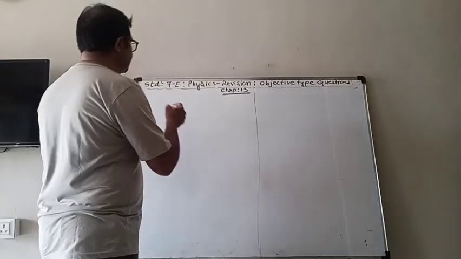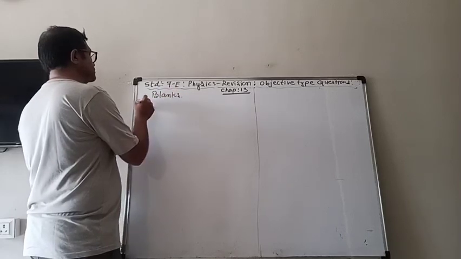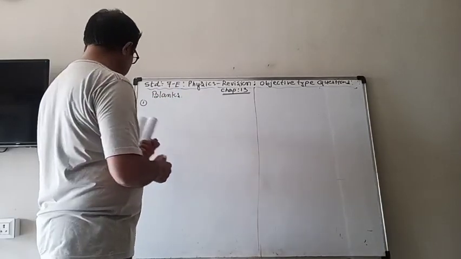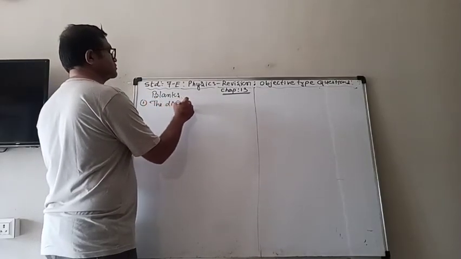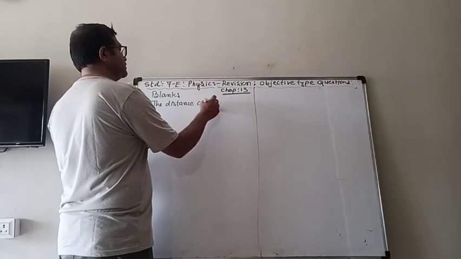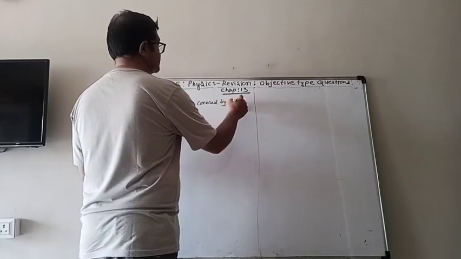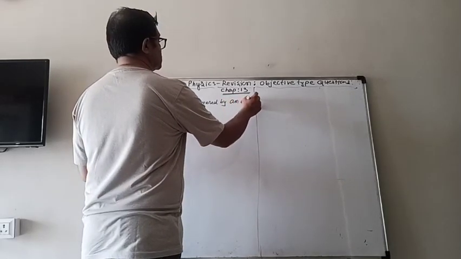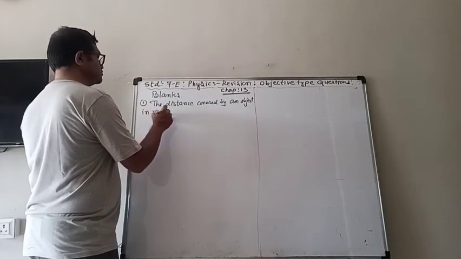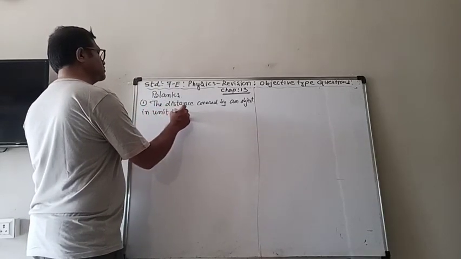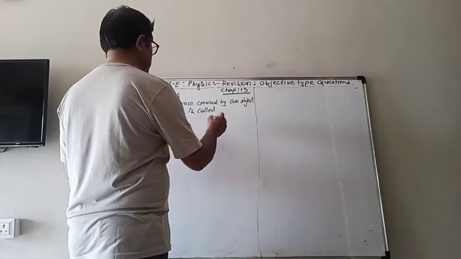Now let us take some blanks. First one, the distance covered by an object in a unit time is called blank.